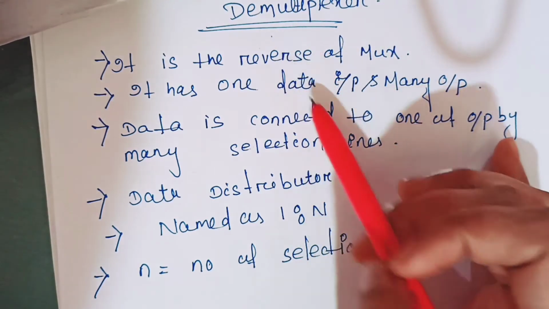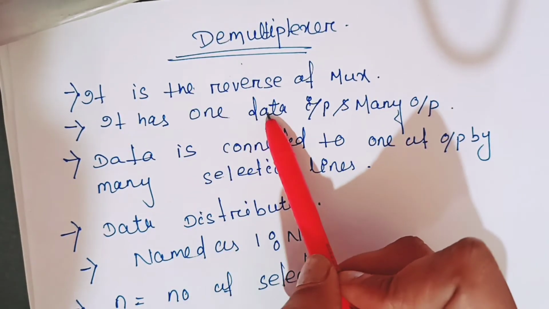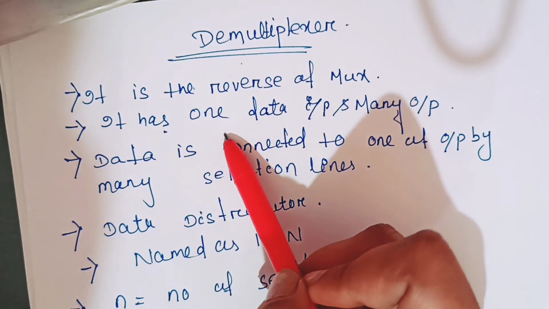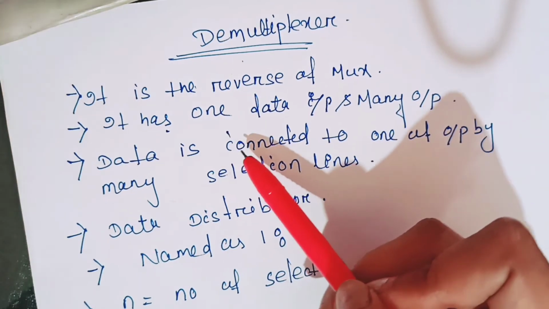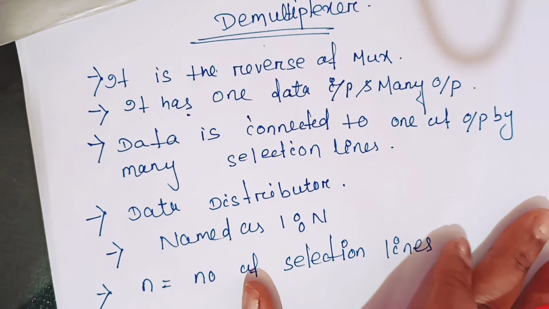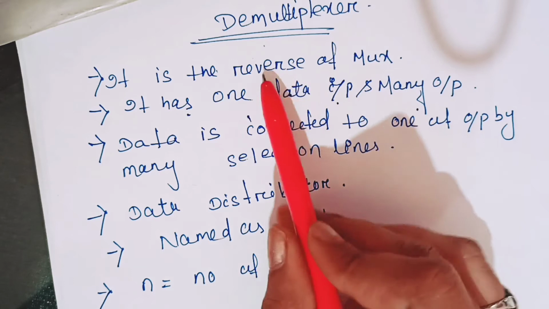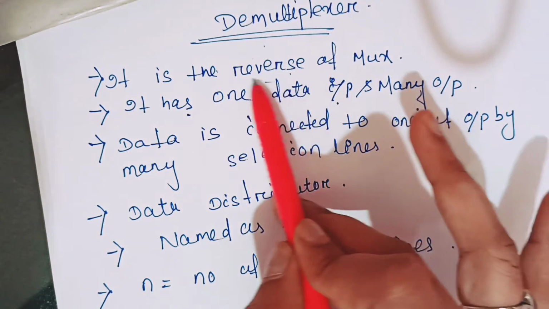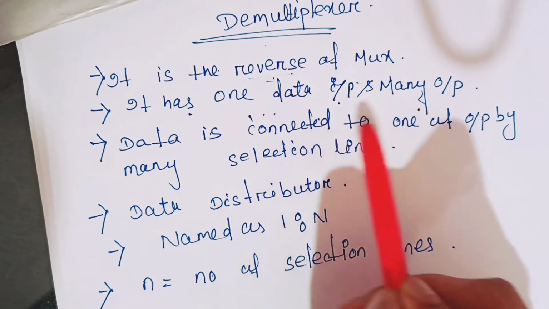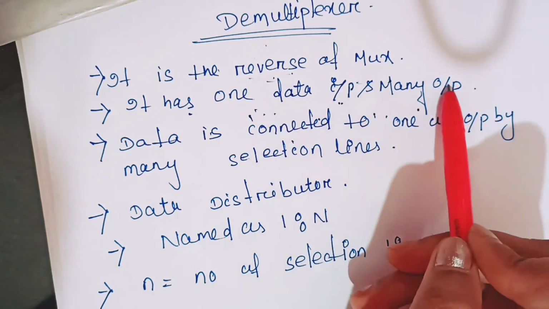Know one thing: a demultiplexer is always the reverse of a multiplexer. A multiplexer has several data inputs and one output, but a DMUX has one data input and many outputs. A DMUX is exactly the reverse of a MUX.